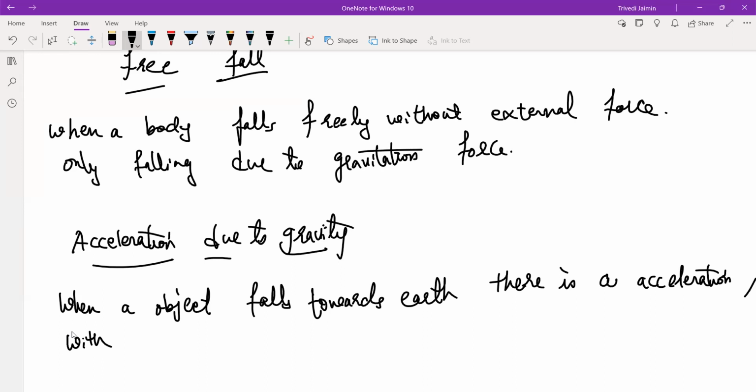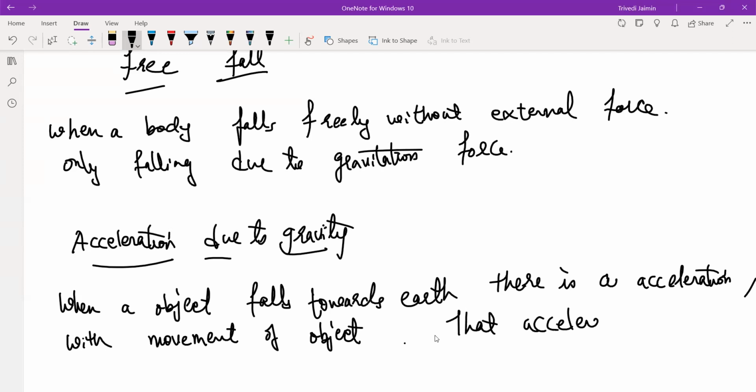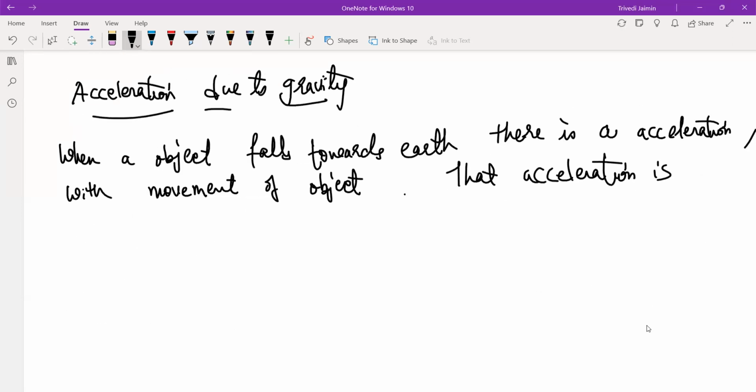Acceleration with movement of the object. That acceleration is called acceleration due to gravity. So what is the value for Earth?